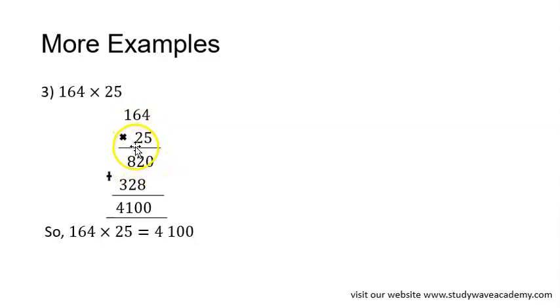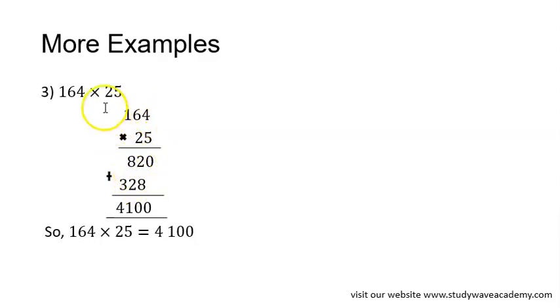Then we move to our next number, 2. We have used 5 to multiply all the numbers here, so we'll move to the next number, 2. We use 2 to multiply all the numbers too. So 2 times 4 is going to give us what? 8. We write 8 under 2. You don't start under 5 because we are using 2 to multiply, so you start under 2. Okay? Then 2 times 6 is going to give us what? 12.